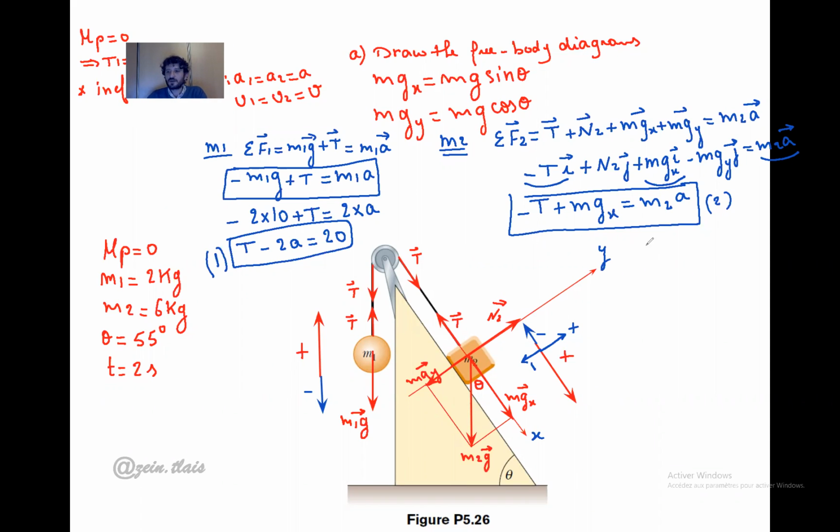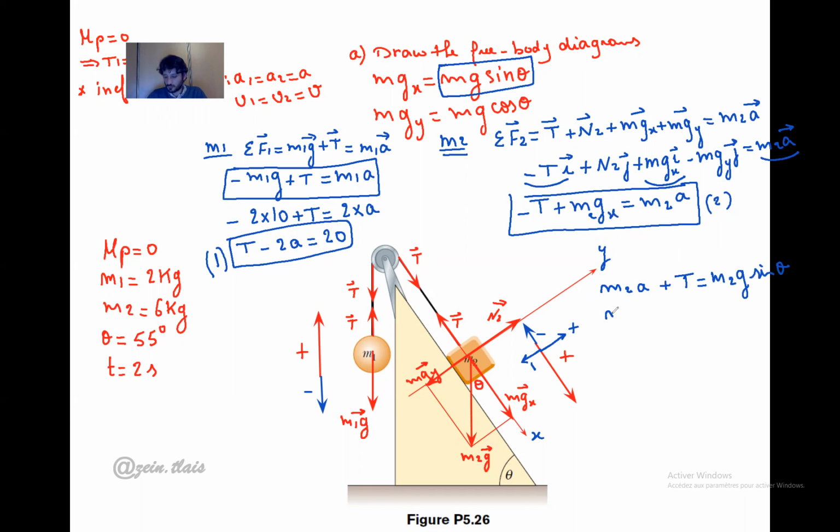And here the same, we can say minus T, or we can put T on the other side. We can say M2A plus T equals MGX. MGX equals M G sine theta. Okay, we are talking about M2. It means we have M2 g sine theta.